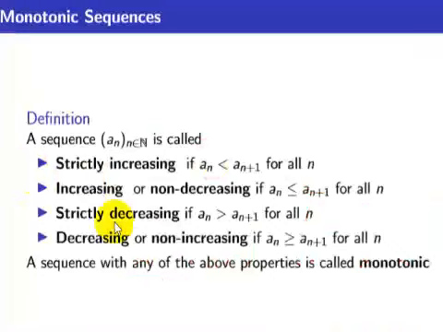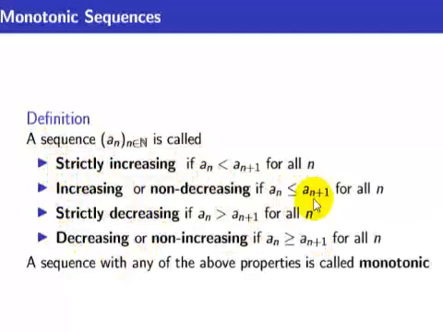These are easy. I hope you understood these definitions: what a strictly increasing sequence is, and what a strictly decreasing sequence is. An increasing sequence is called monotonically increasing.